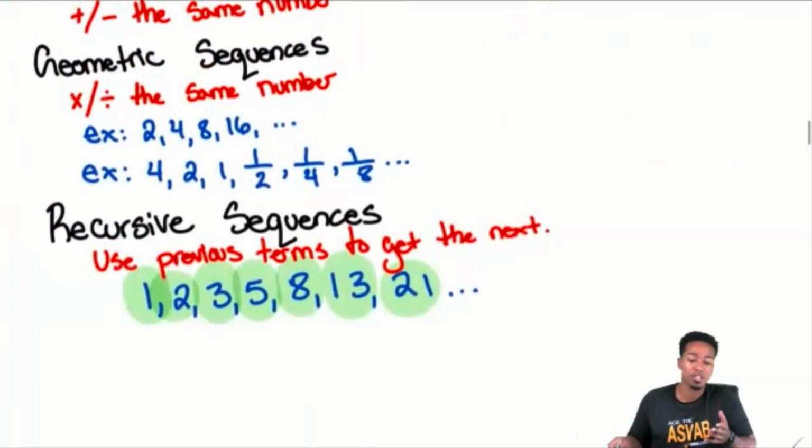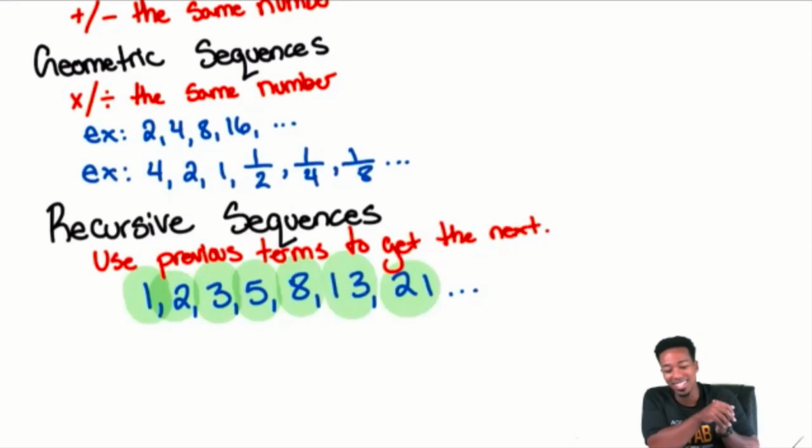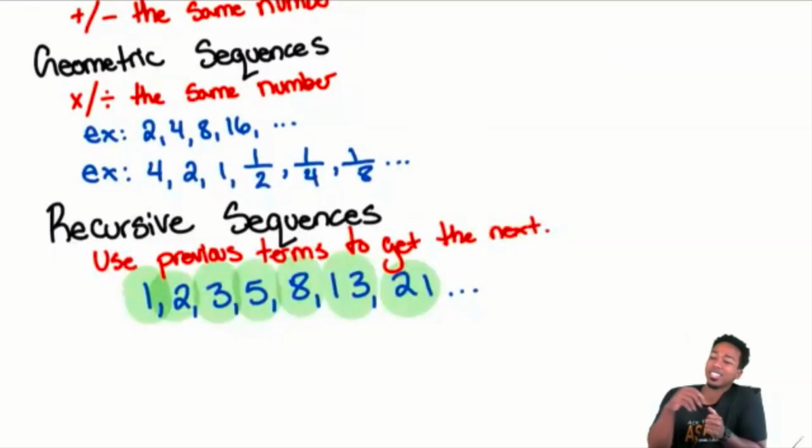A recursive sequence is a sequence that uses the previous terms to get the next term. That's what a recursive sequence is. Does that make a little more sense now to anybody? It's all good. But yeah, a recursive sequence is a sequence that uses and builds upon the previous terms.